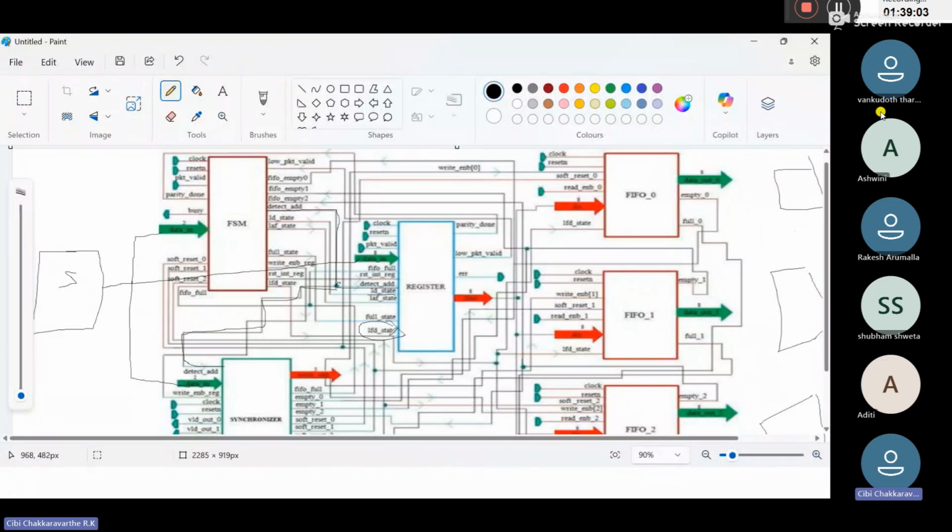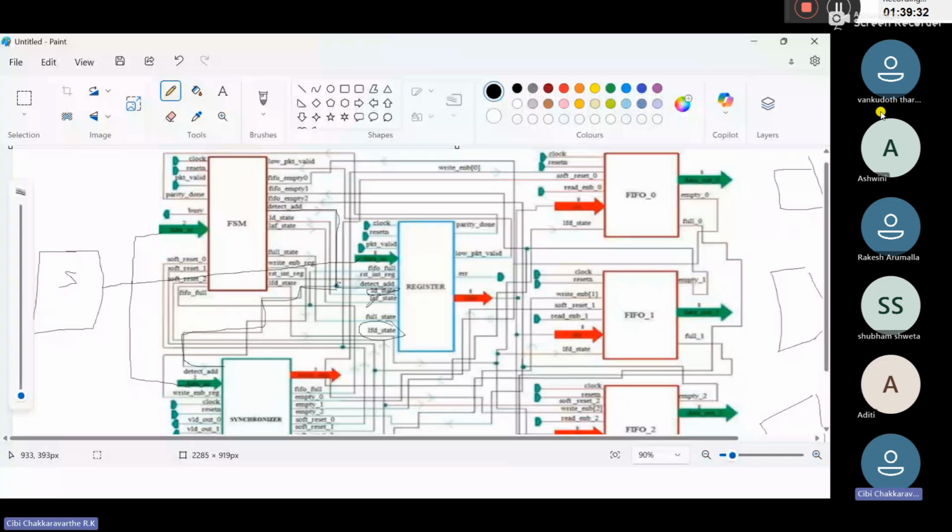So once after asserting this direct address, we should assert this load first data state. It should be done at the correct time. After that, we should assert this load state. So these states should be asserted at a proper time. For that, we are using the synchronizer.